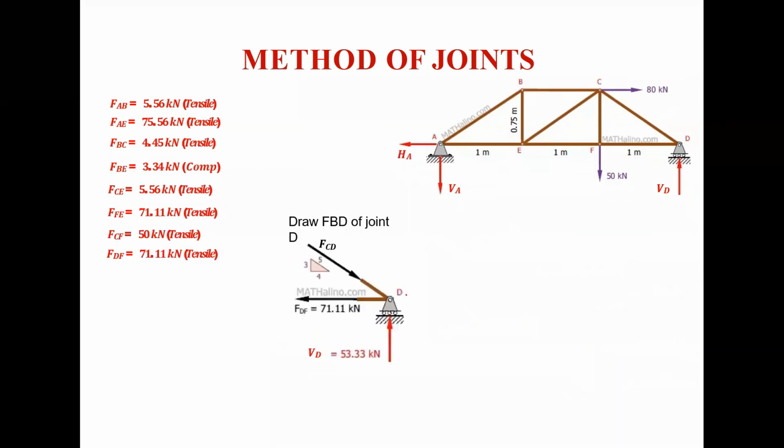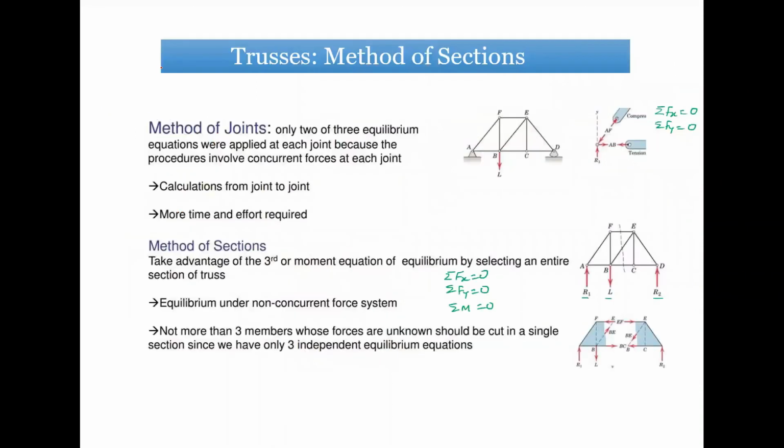So suppose I am considering FBD of joint D to determine this FCD, and if you balance the forces, you will easily find out the FCD is equal to 88.89 kilonewton compressive. So ये आप खुद से solve कर लेना, कोई difficult नहीं है, you can easily find out the forces. So this is all about method of joints. Now let's move to method of sections.